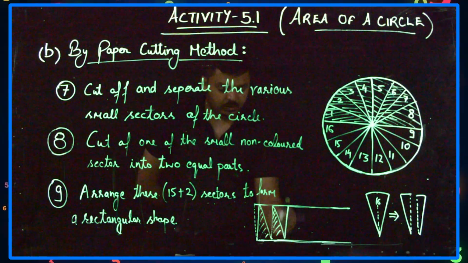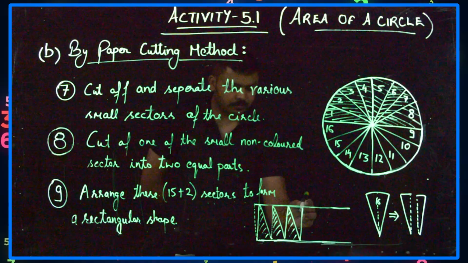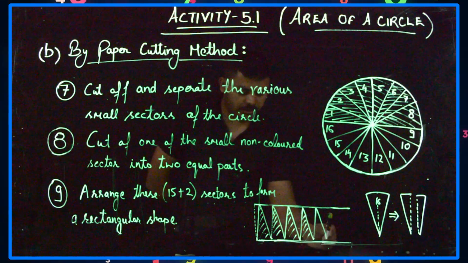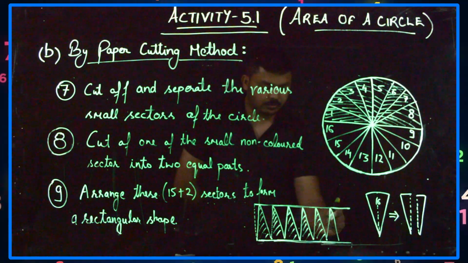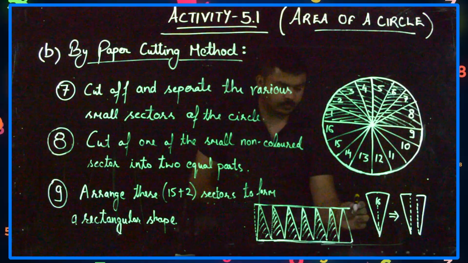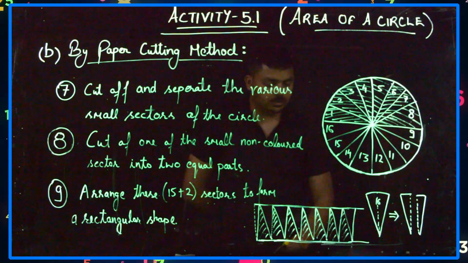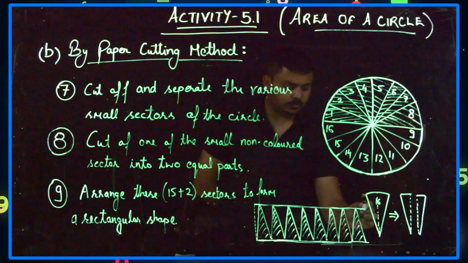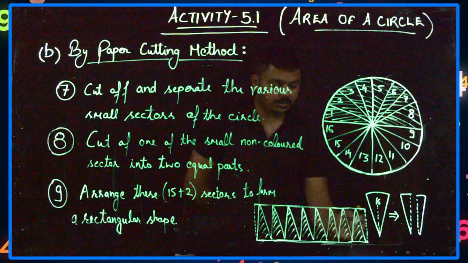Now again a non-colored sector, then a colored sector, then non-colored, then colored, then non-colored, and then again colored, then a non-colored sector, then a colored sector, then non-colored, then a colored sector, then a non-colored sector, and at last the 8th colored sector, and 1 half non-colored sector.